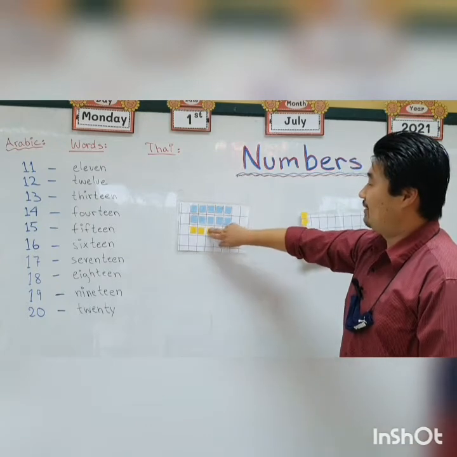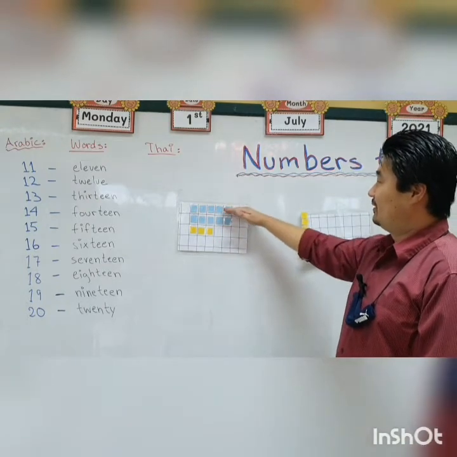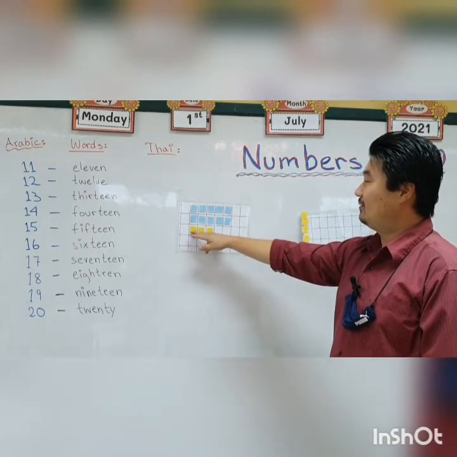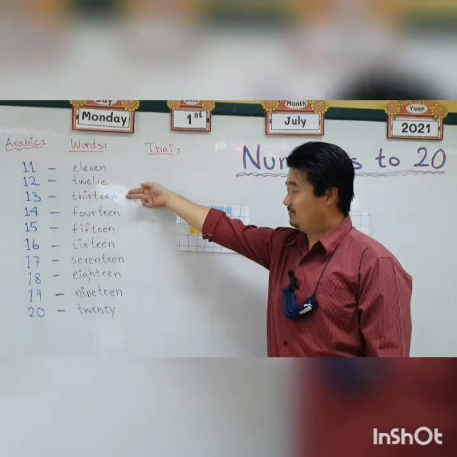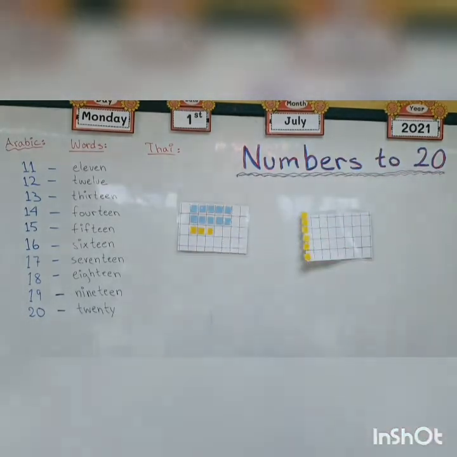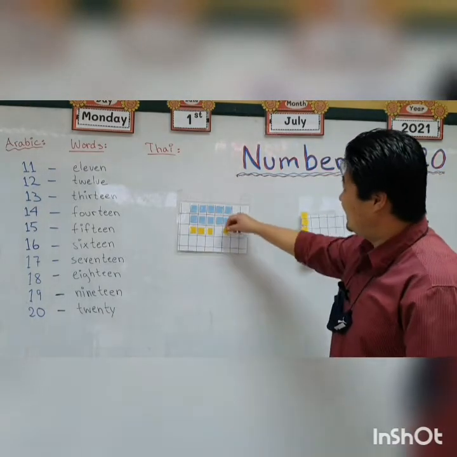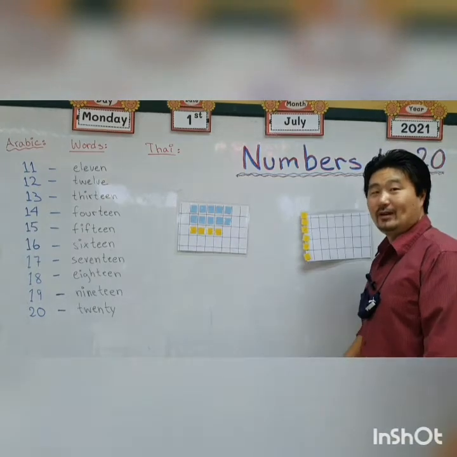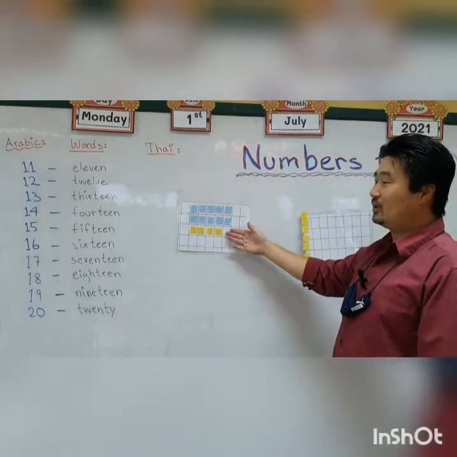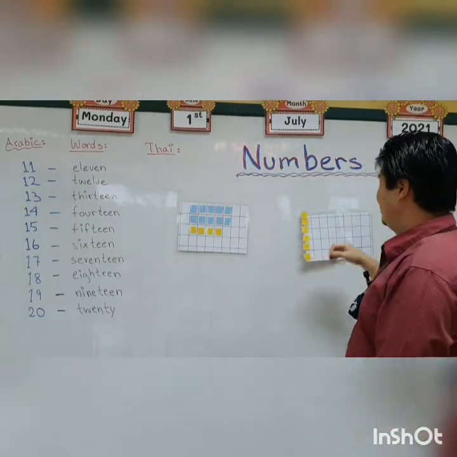Now how many do we have? 5, 10, 11, 12, 13. 13. Good. And then I add one more. How many do we have now? 14. Yes.